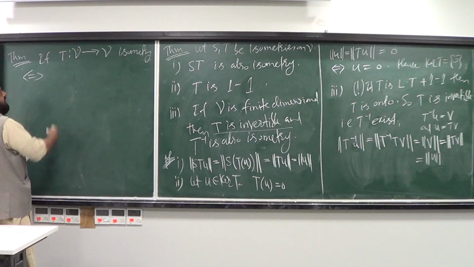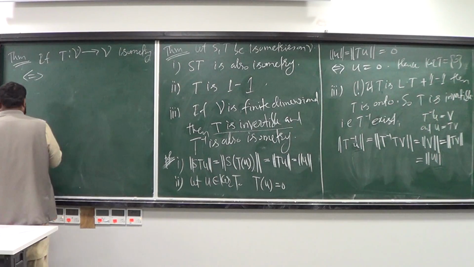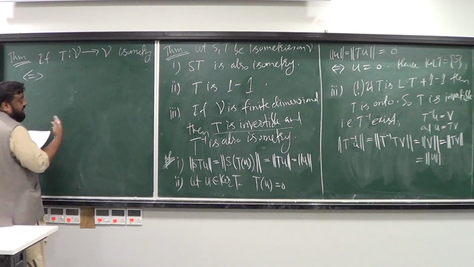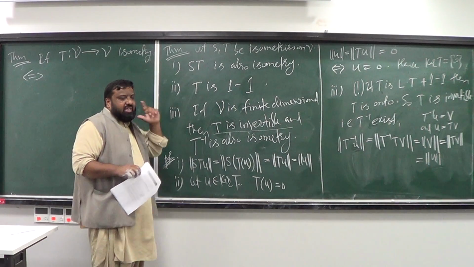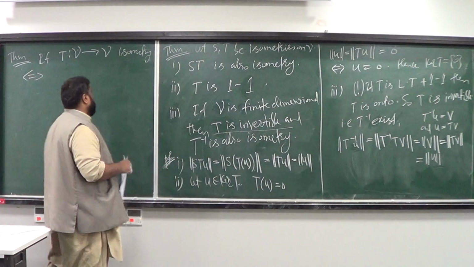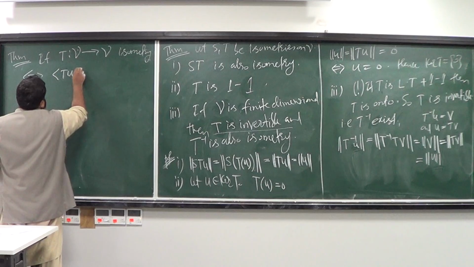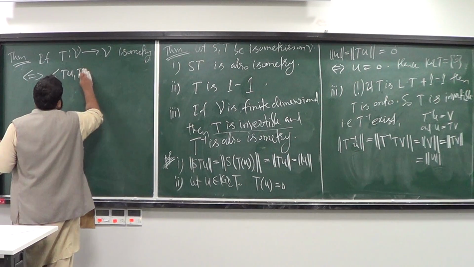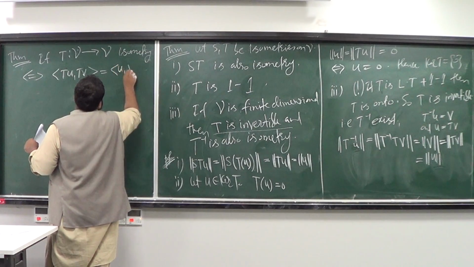So you have a linear transformation, and that linear transformation is an isometry if and only if the following holds. So there is a characterization. You can also treat the statement that I'm going to write as a definition of isometry actually. It says that the inner product of Tu and Tv is equal to the inner product of u and v.